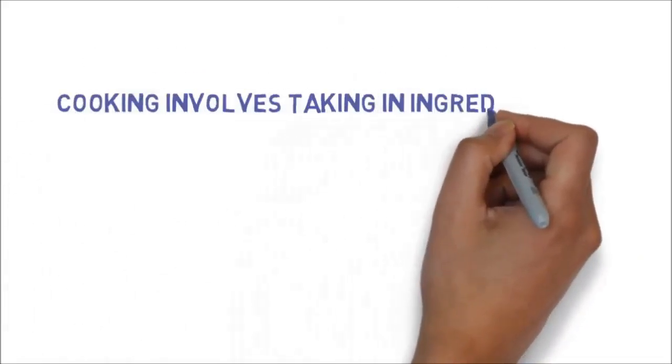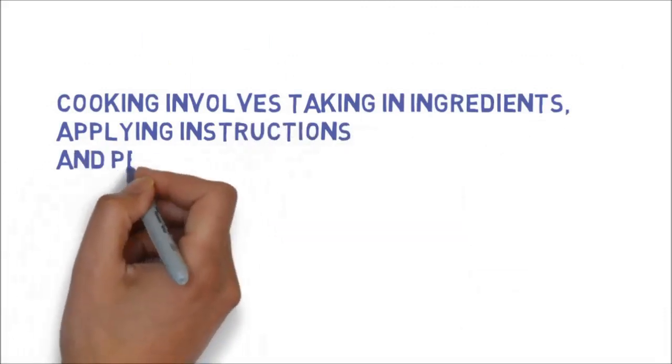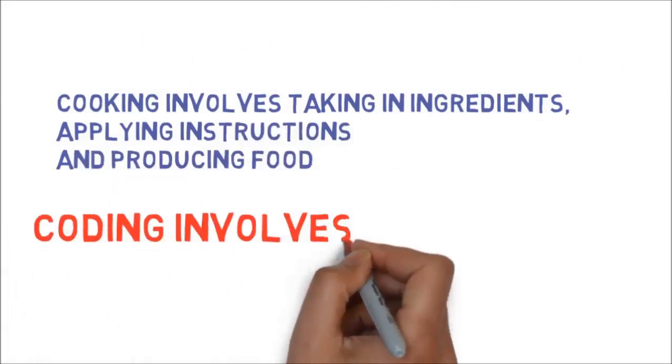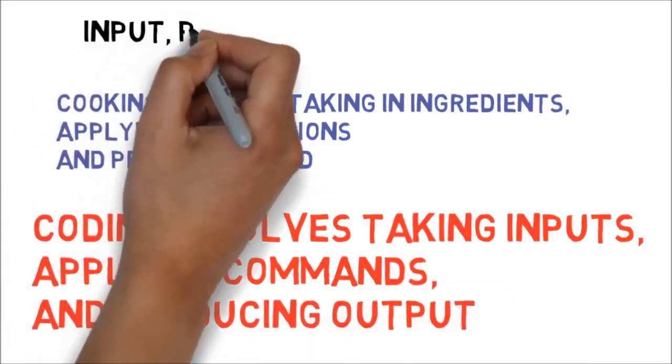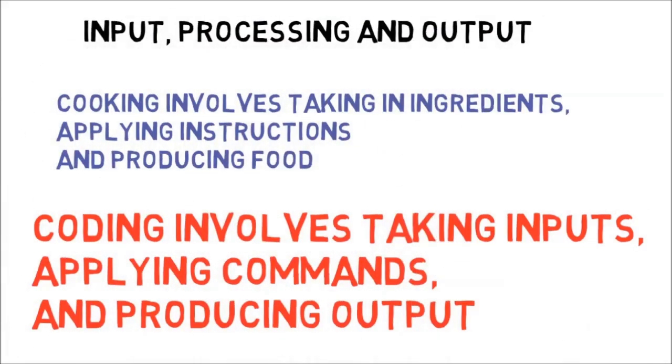Cooking involves taking in ingredients, applying instructions, and producing food. Coding involves taking inputs, applying commands, and producing output. Inputs are like ingredients, processing is like the cooking process, and output is like the food that we get at the end of a recipe.